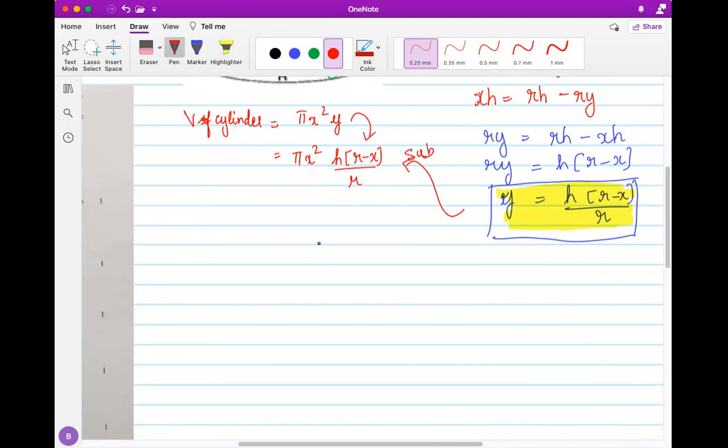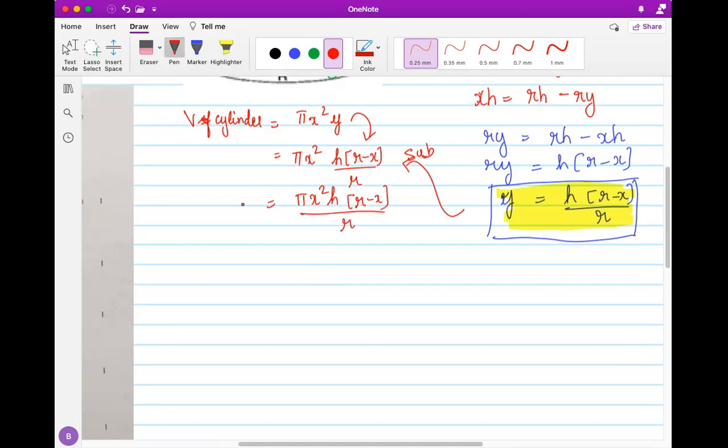I have substituted in terms of y. Now pi into x square, into h divided by r, into r minus x.